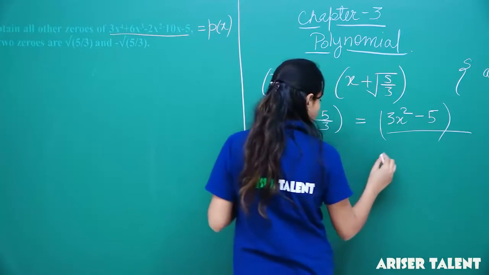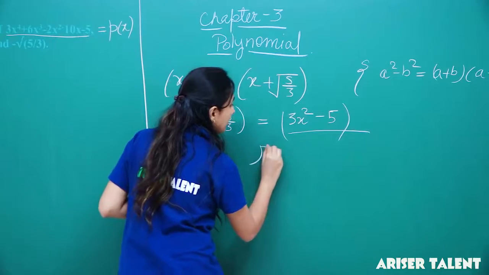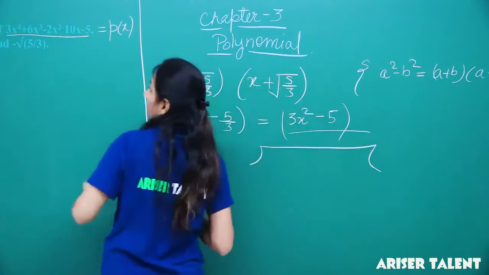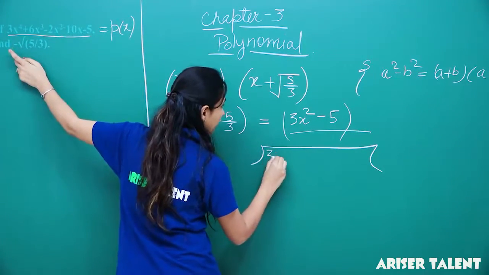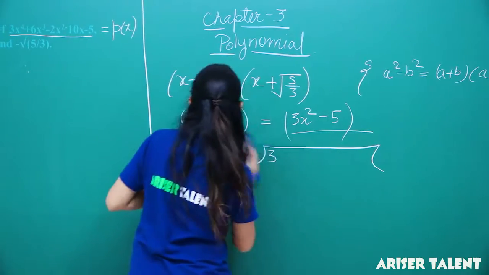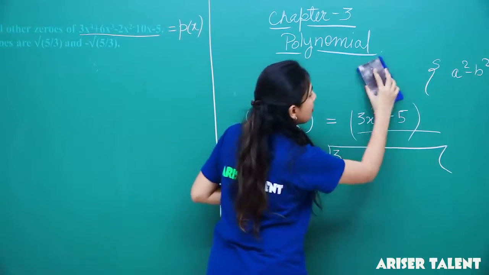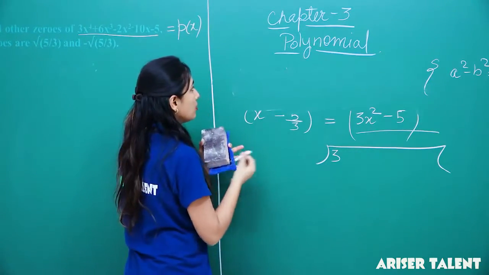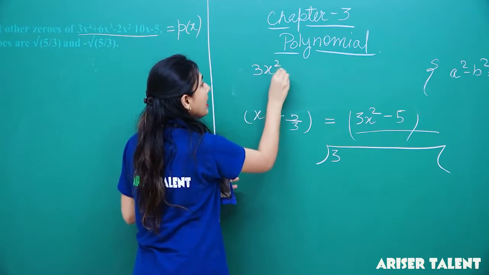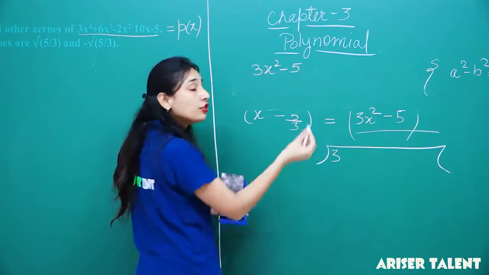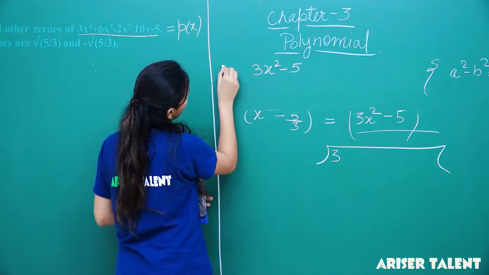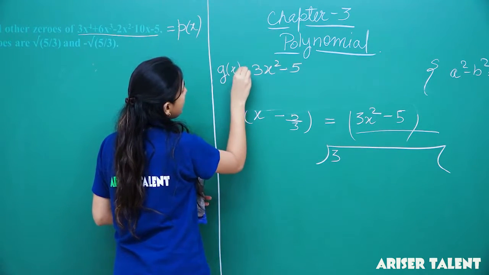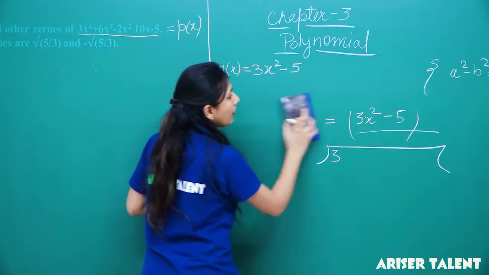So do the division process. Let's write this in this manner. We have got 3x square minus 5, this is our g(x).